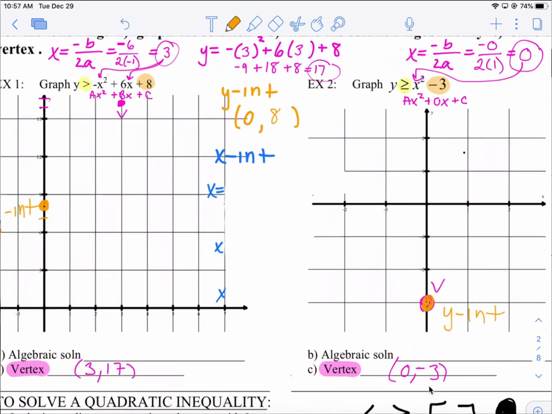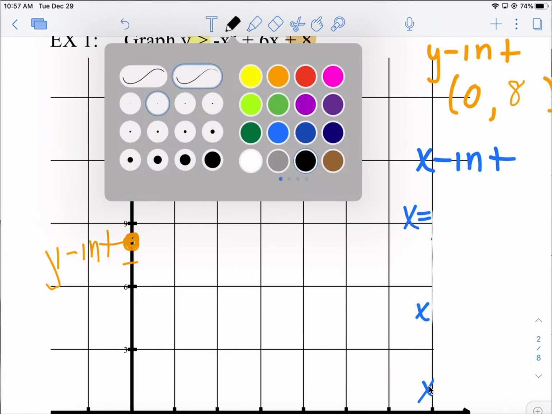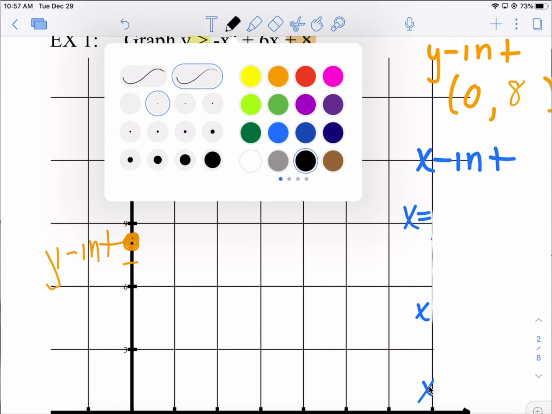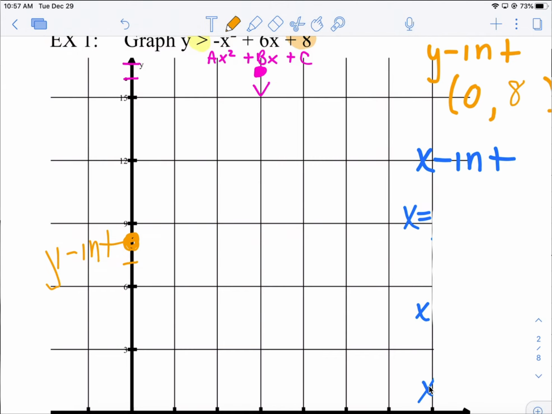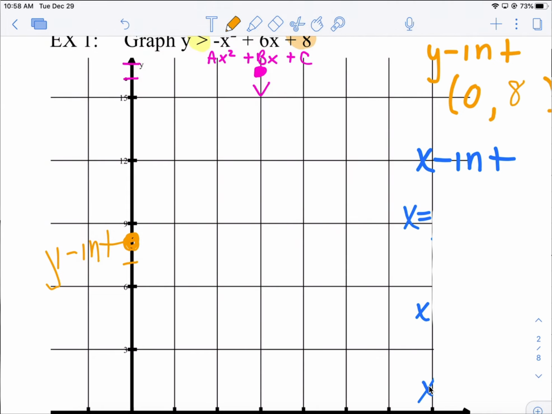But on problem 1, it actually gives us 2 points. Let me show you something. Don't write this down. I know my parabola is going to look something like this, right? And I know it's symmetrical, which means that if there is one y-intercept point, then however far he is away on the other side, there's another one. So 0 to 3 is where my vertex is, right?